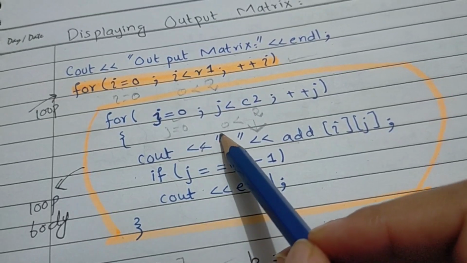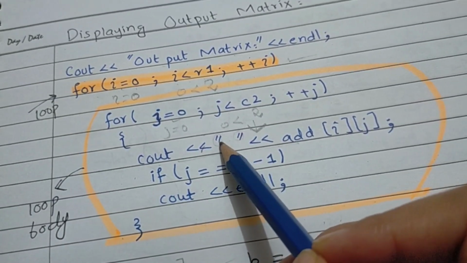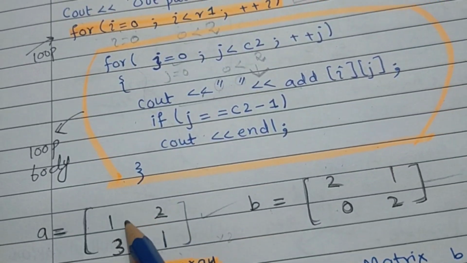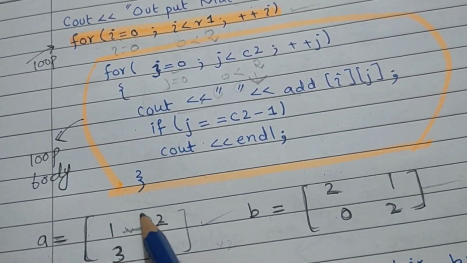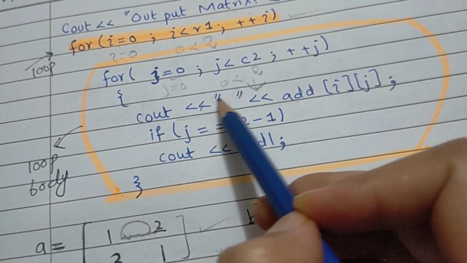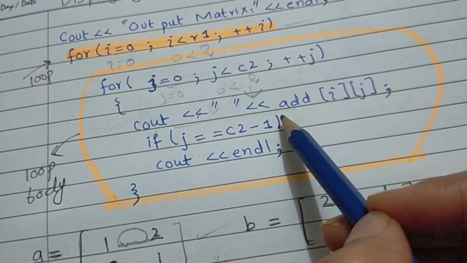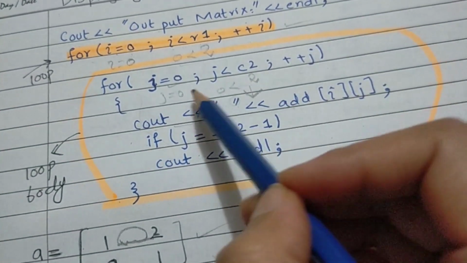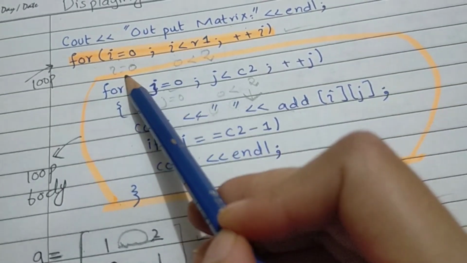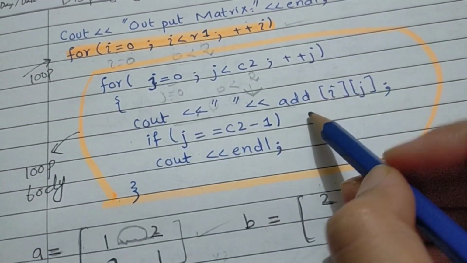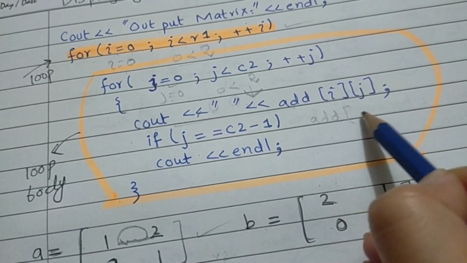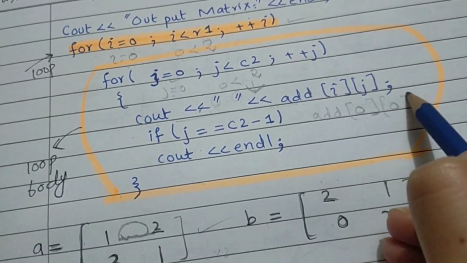Now see cout. This quoted string is used for space, like this space will be generated by these two inverted commas. Okay, and next add[i][j]. So here i is 0 and j is also 0, so what will be printed? add[0][0].